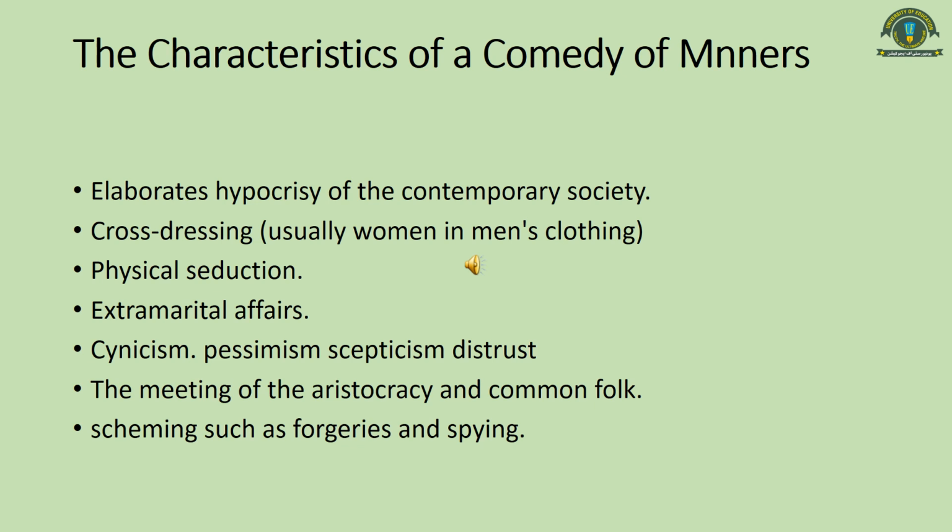The meeting of aristocracy and common folk, scheming such as forgeries and spying. So these are the major characteristics of a comedy of manners, and we will be encountering these in our discussion regarding Act 1 and Scene 1.